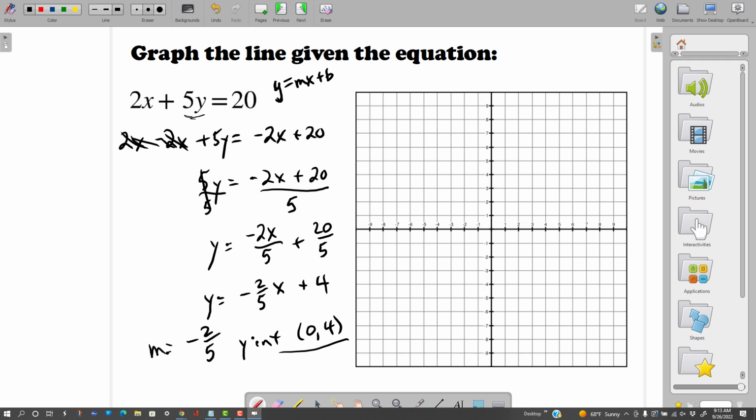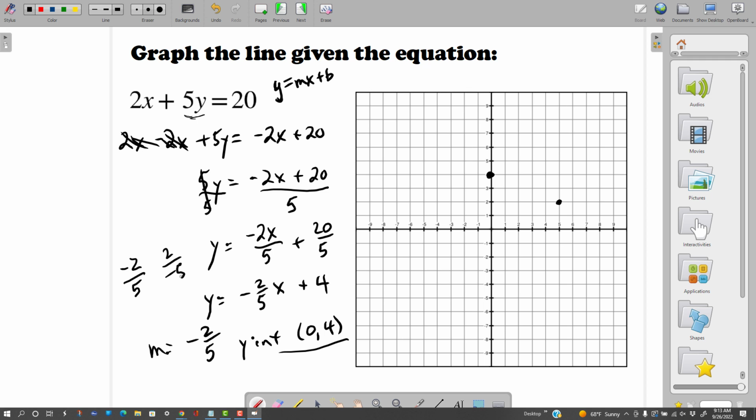So I'm going to plot this y-intercept first. 0, 4 would be right here. I have a slope of negative 2/5, so that's either negative 2 over 5 or 2 over negative 5. I'll show you that it's the same either way. If I use negative 2 over 5, I would go down 2 units and forward 5, 1, 2, 3, 4, 5.